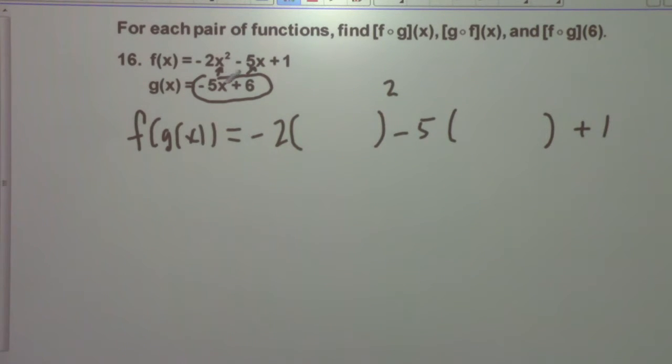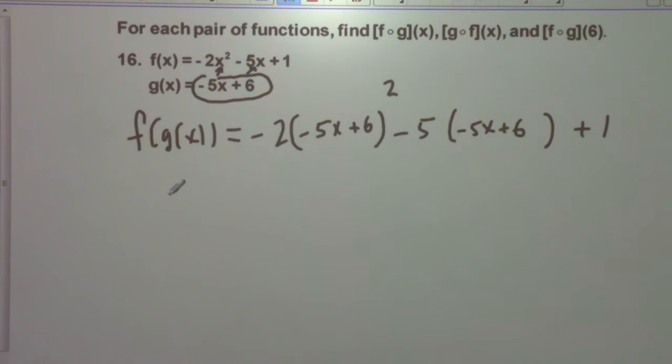And so we're going to put the value of g right in here. Right? And then negative 5x plus 6 right in here. So it's the same thing you had in that quiz, essentially, right? Except there's more to do here.